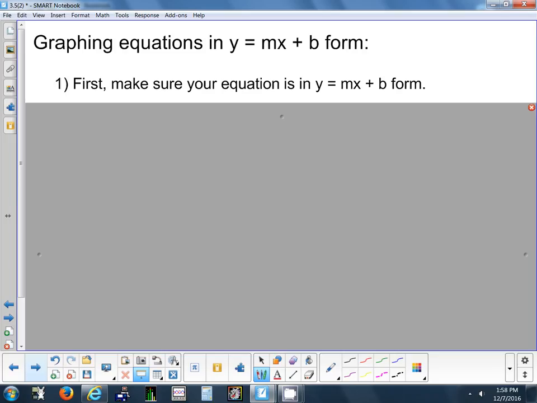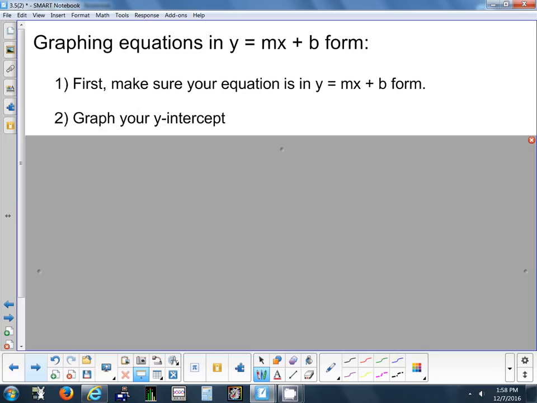Okay, step 2. After you get the equation in y equals mx plus b form, graph your y-intercept. What letter in this equation tells you the y-intercept? Liam? B. B. So you're going to look at b, and that's going to help you graph your y-intercept.